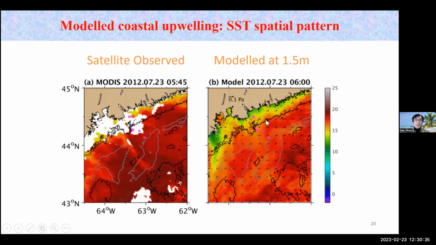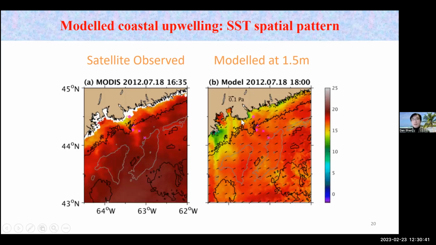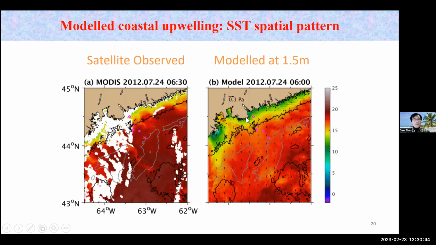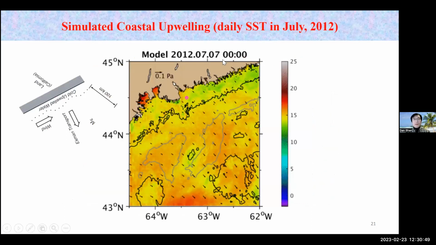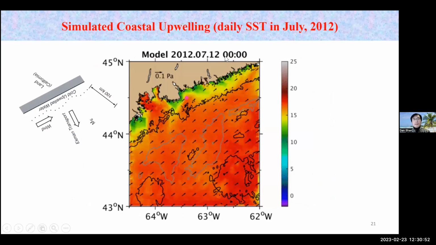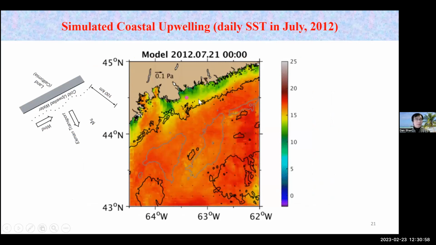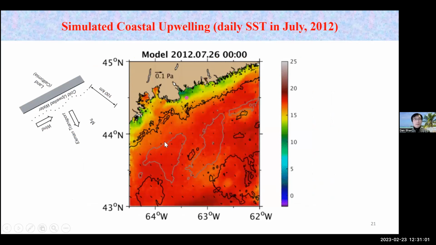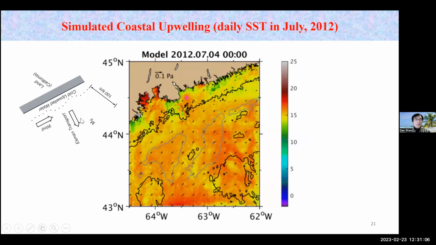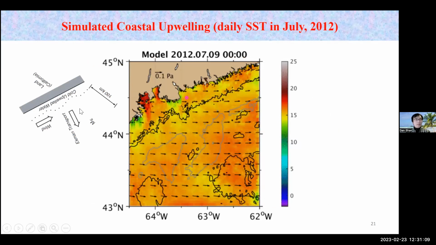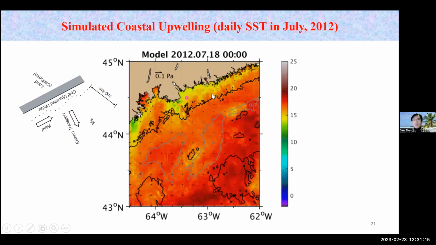If you look at the model results, the model is able to capture those relatively cold waters along the coast in this month. If we look at the continuous daily SST in this whole month, we can see the temporal evolution of the upwelling plume associated with the wind stress. The black arrow shows the wind stress. Remember that the alongshore wind is going to generate Ekman transport that in turn causes the cold water along the coast.